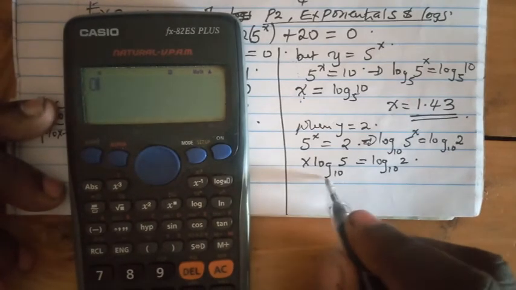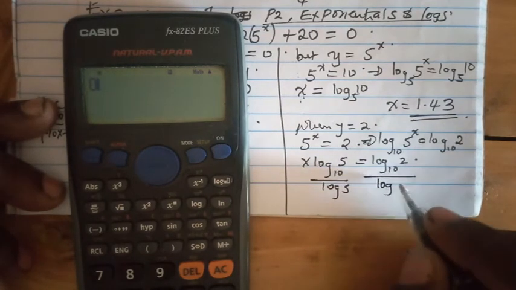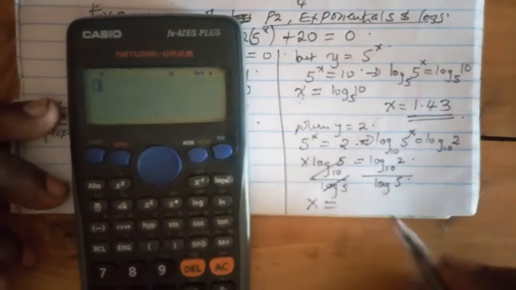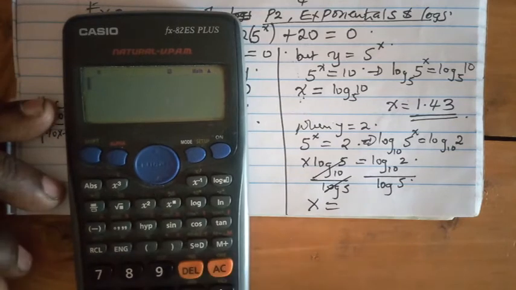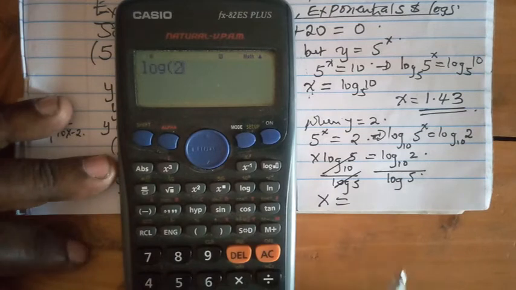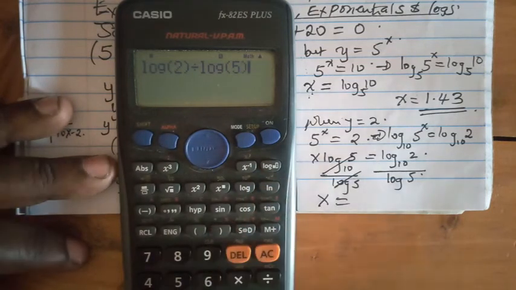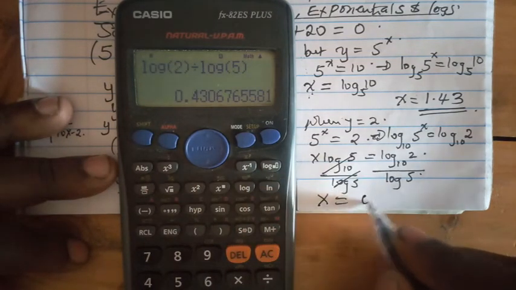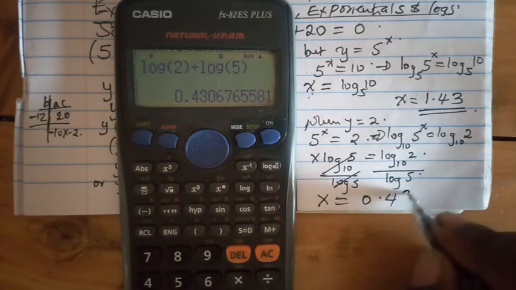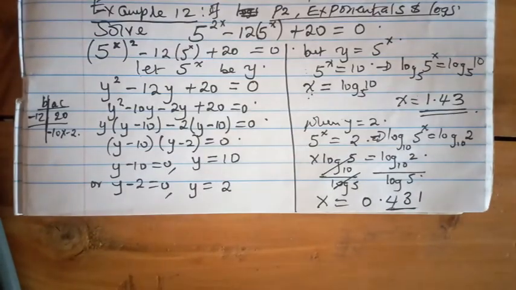So if you divide both sides by log of 5, x is equal to, because that will cancel with that, log base 10 of 2, meaning the logarithm of 2 divided by the logarithm of 5, and that would be just 0.431. That is the value of x at that particular point.